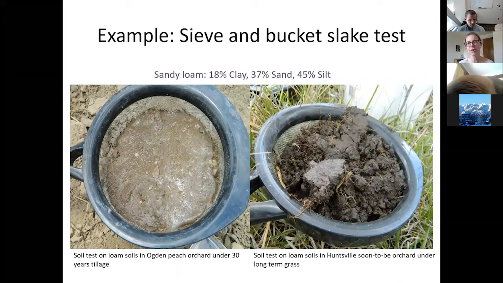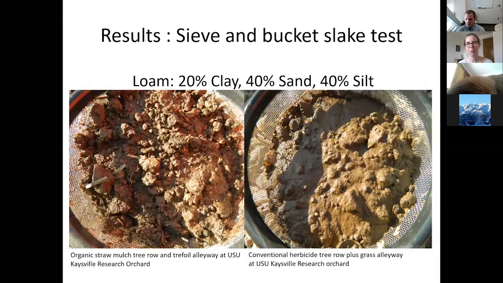So those were the extremes. What about our orchard soil? So these both come from the Kaysville orchard, those pictures that I just showed you. And the picture on your left is one of those organic treatments. This was the one with straw mulch. And this one on the right was our conventional herbicide treatment.